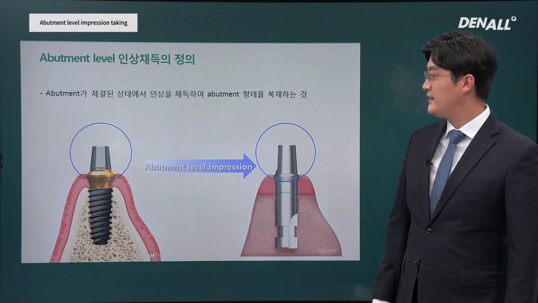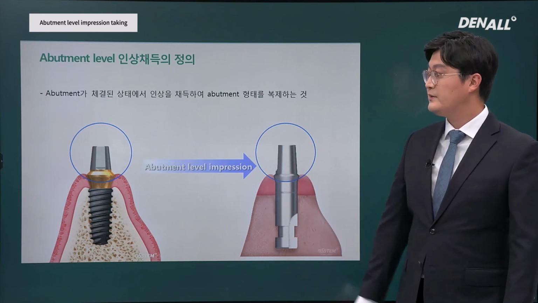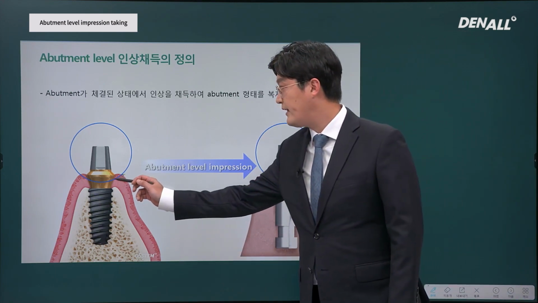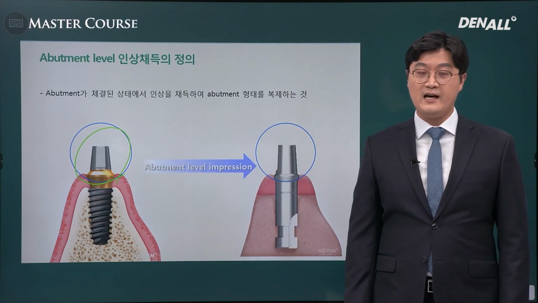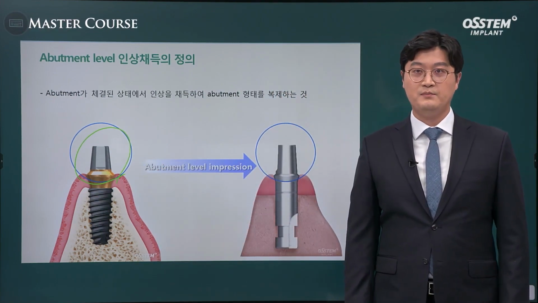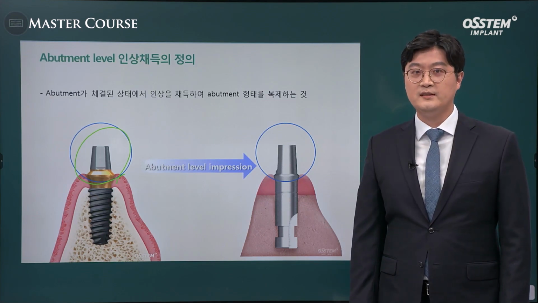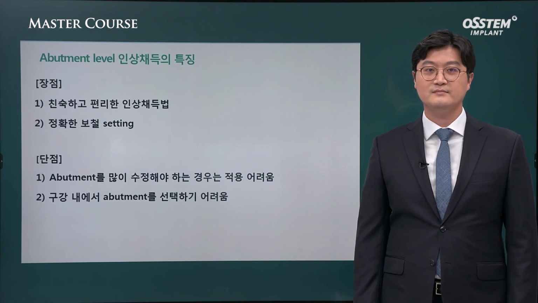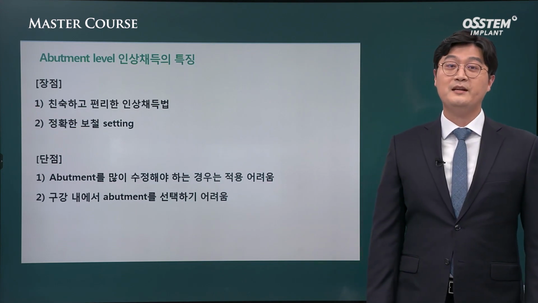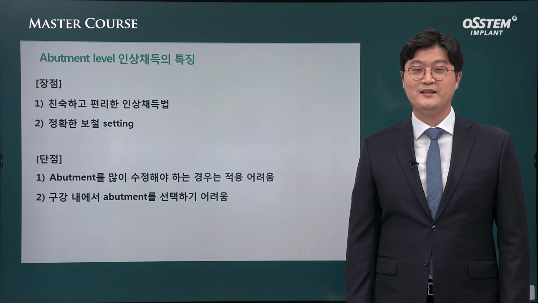Now, let me talk about the abutment level impression taking. In the mouth, already a stock abutment is connected, or a custom abutment is connected to take impression. Abutment level impression taking has advantages and disadvantages.